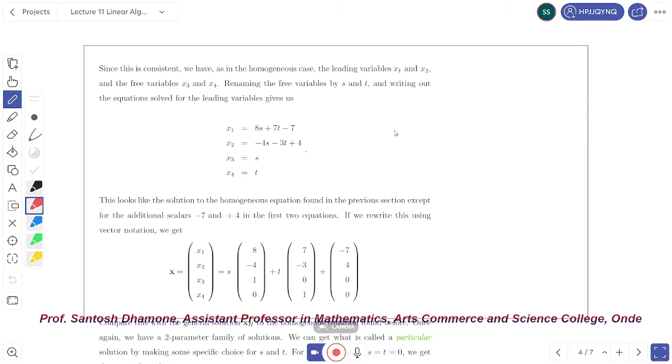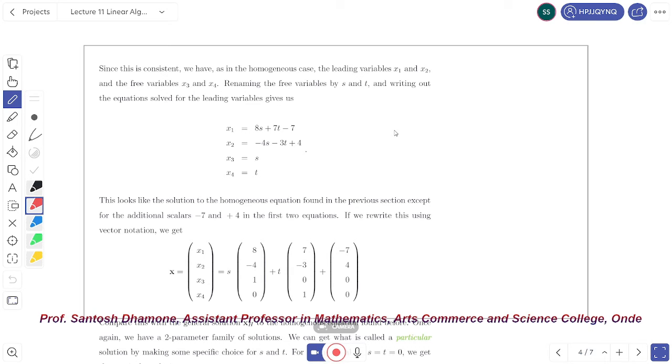First take s, and write the coefficient of s in the first matrix.